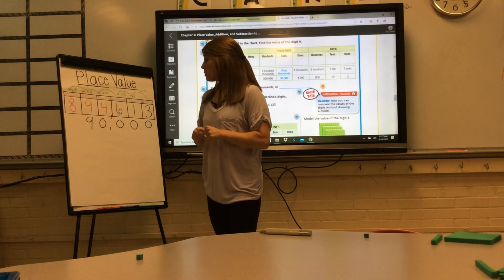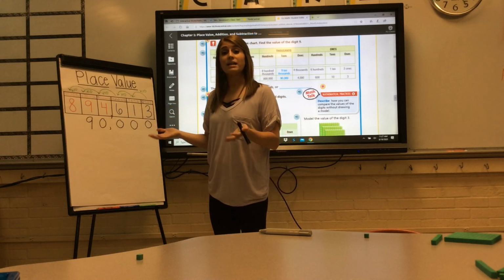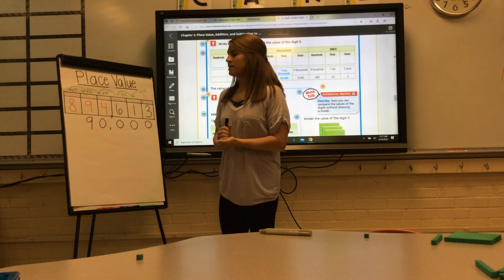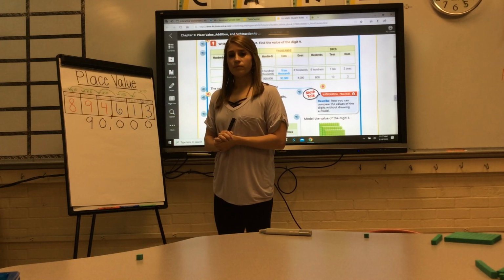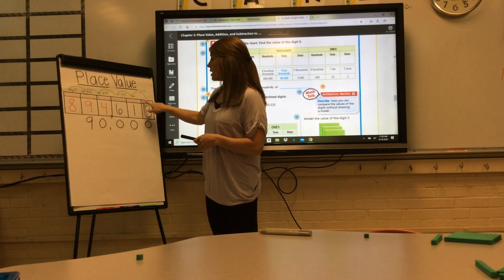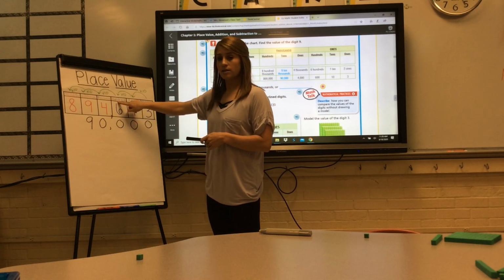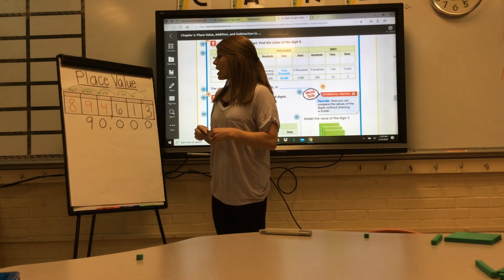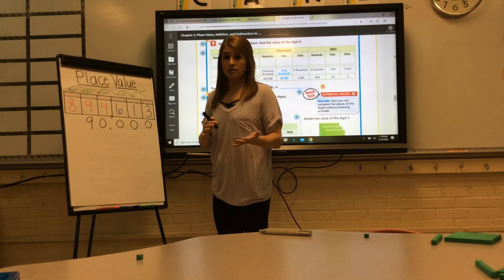Well, to know the value of that 6, first we have to know what place value it's in. So what place value is that 6 in? Good. It's in the hundreds place. Ones, tens, hundreds. And that 6 is in that hundreds place. Very good. So that is 6 hundreds.